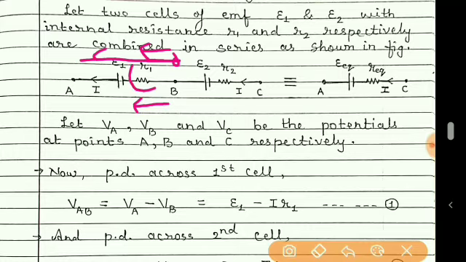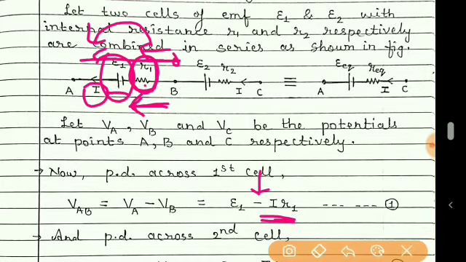So across this resistor R1, current flowing is I, so potential decreases, and so this term IR1 is negative. Then moving ahead, for this cell with EMF epsilon 1, potential increases from negative to positive, so epsilon 1 is positive.